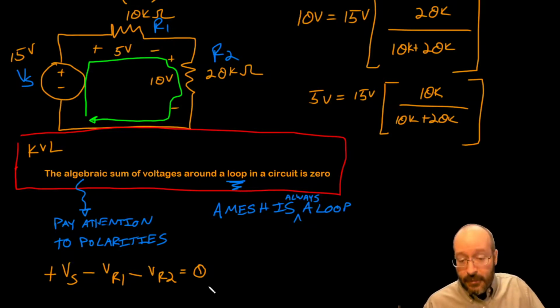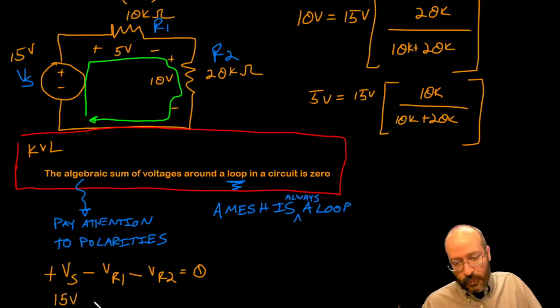Now we can plug in values, and you can do this one in your head. They get a little more complicated, and we need to work with them symbolically sometimes. 15 was Vs. We have 5 for VR1. The sign moves down from the KVL, and then the value gets plugged in. So this sign moves down, and then the value here is 10 volts.